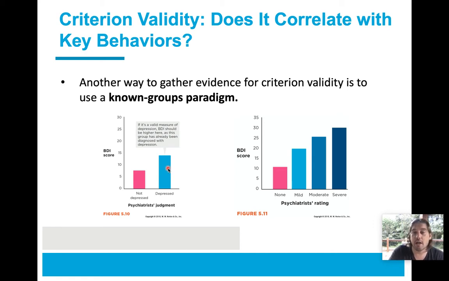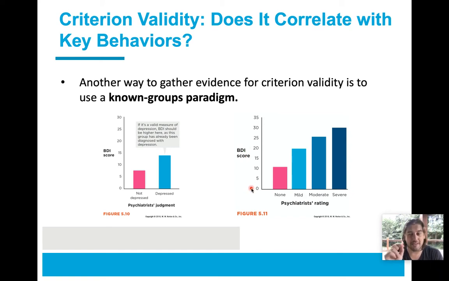We can further dig into the issue by having a stratification of depression. For example, you could do this with many variables, but I could have people who are not diagnosed with depression, people diagnosed as mild, moderate, or severe depression. And if my scale of depression is really good, right?